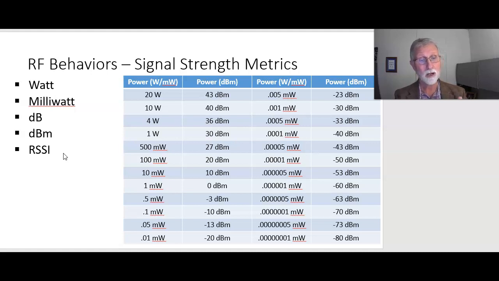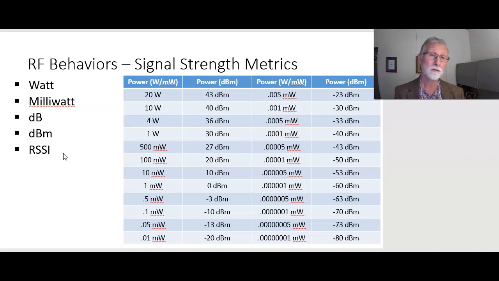So it says, how many decibels is it relative to 1 milliwatt? So 0 dBm equals 1 milliwatt. And since receivers in a lot of wireless devices are very, very sensitive, it's just a whole lot easier to refer to them in dBm than it is in milliwatt.